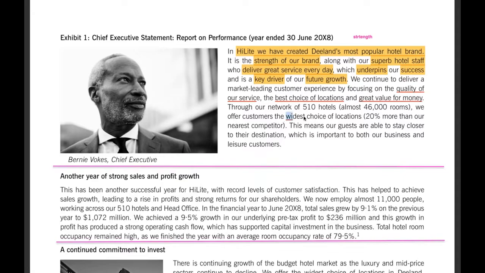You see, which actually means more choices for the customers. So the guests are able to stay closer to their destination, which is important to both our business and leisure customers. So here it means that they are actually focusing on customers.